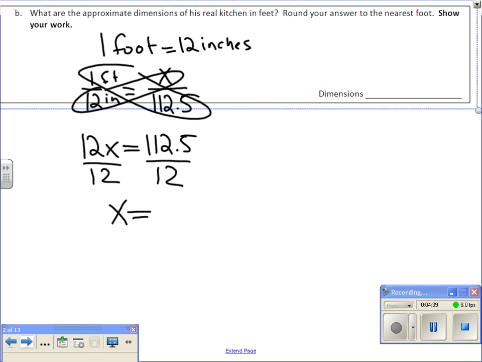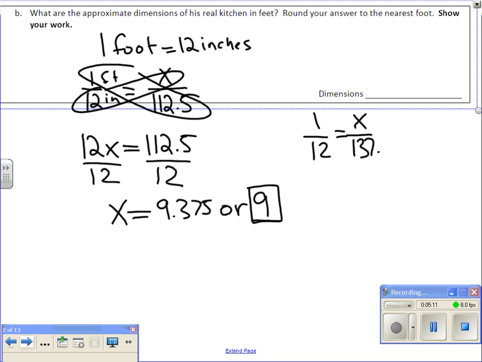And then divide by 12 to get the X by itself. And X is going to be equal to 9.375, or since it told us to round, we're just going to use 9. Okay, so that's the one we want, our rounded answer. All right, so we're going to do the same type of thing with our other one. So 1 over 12 is going to be equal to X over 137.5. We want to make sure our inches match up in the denominator. Cross multiply.